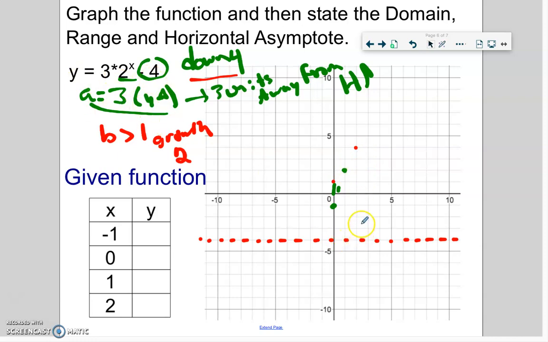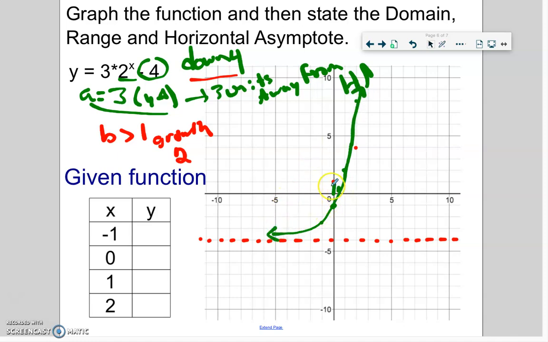So I'm going to count up 12 units from here, and that's going to land up here at 8. So we're going to put a dot at 8. So instead of my parent function looking like this, now my graph, and if I went -1, go a half. Half of 3 is 1.5. So I'm going to go up 1.5 units. So my graph is going to come in looking like that.